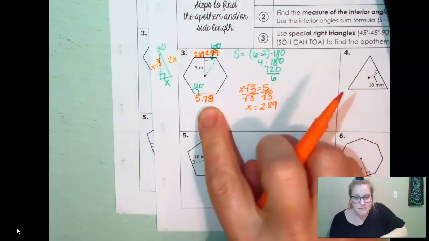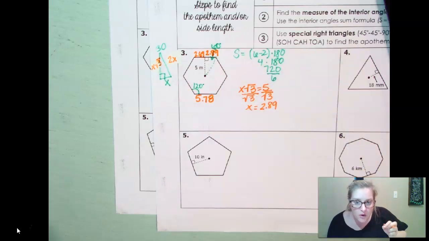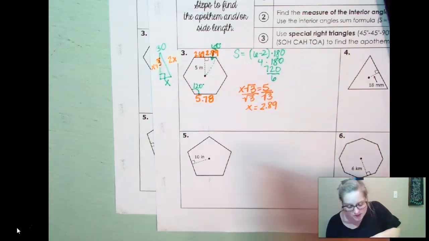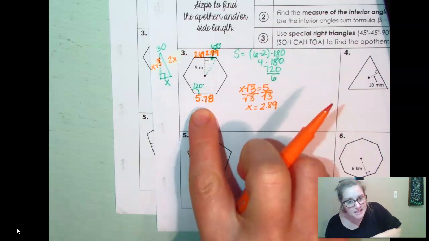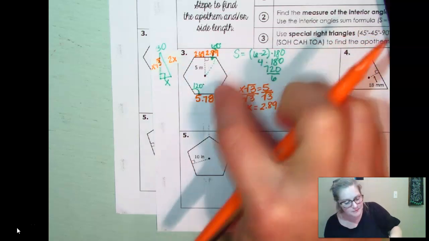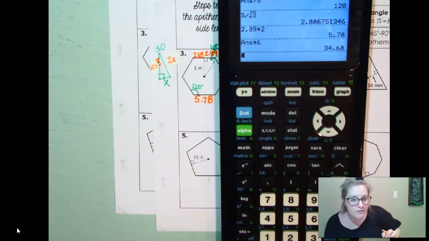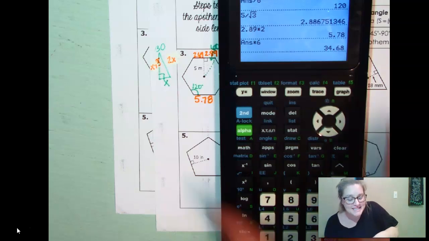This side is 5.78. All of the sides are 5.78. So I'm going to multiply 5.78 times 6 because there are 6 sides. 1, 2, 3, 4, 5, 6. That gives me a perimeter of 34.68.